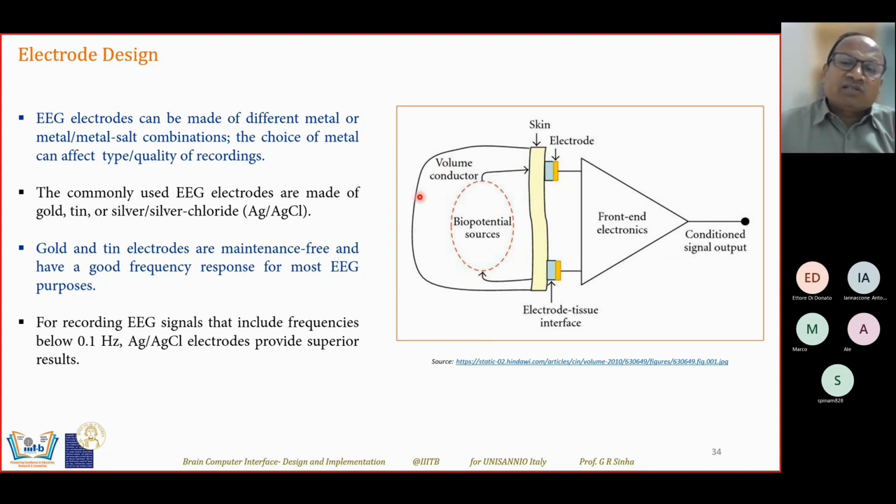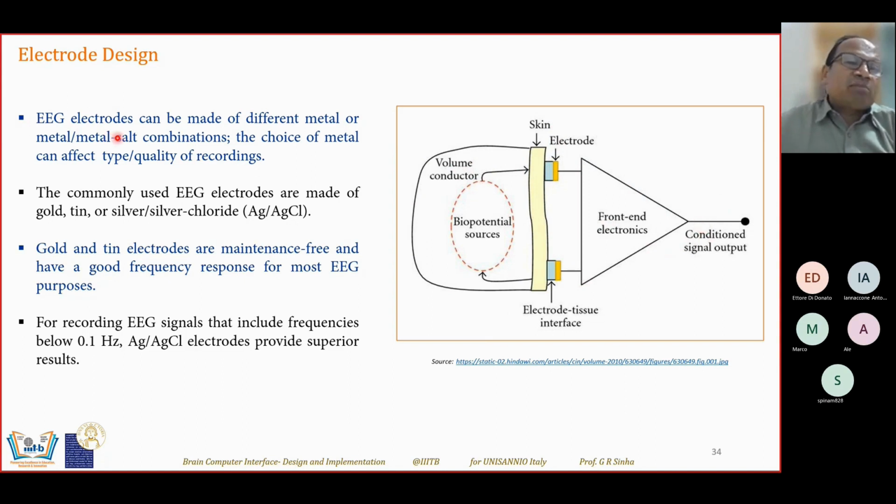This constitutes a volume conductor where there is some neuronal effect which is recorded. Then we connect the signal from the electrode to the front end electronics. This is nothing but the amplifier, ADC, filters. They are all combined and called front end electronics.